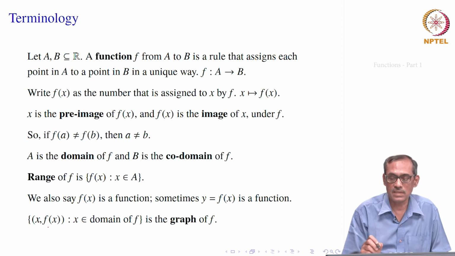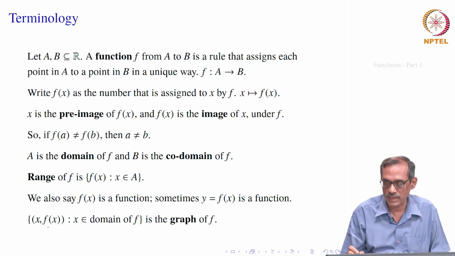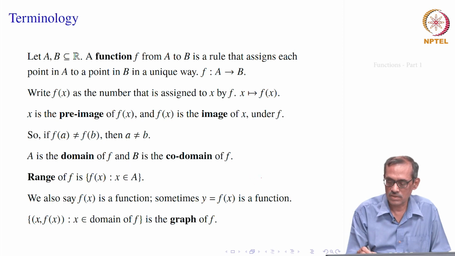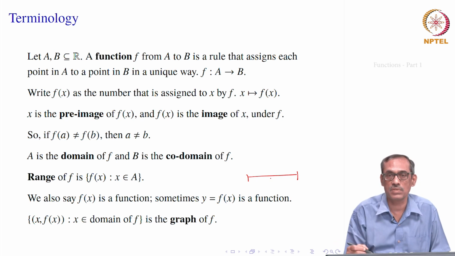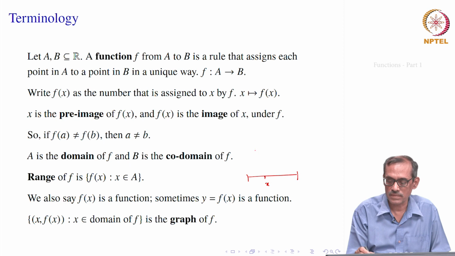And what is the graph? Sometimes we want to plot it. So, what we do on the set A, suppose it is something like an interval. So, A is something like this and x varies over this interval, then f takes these values to somewhere in real numbers, say x is here some point, then it is mapped to f of x, which is somewhere here.